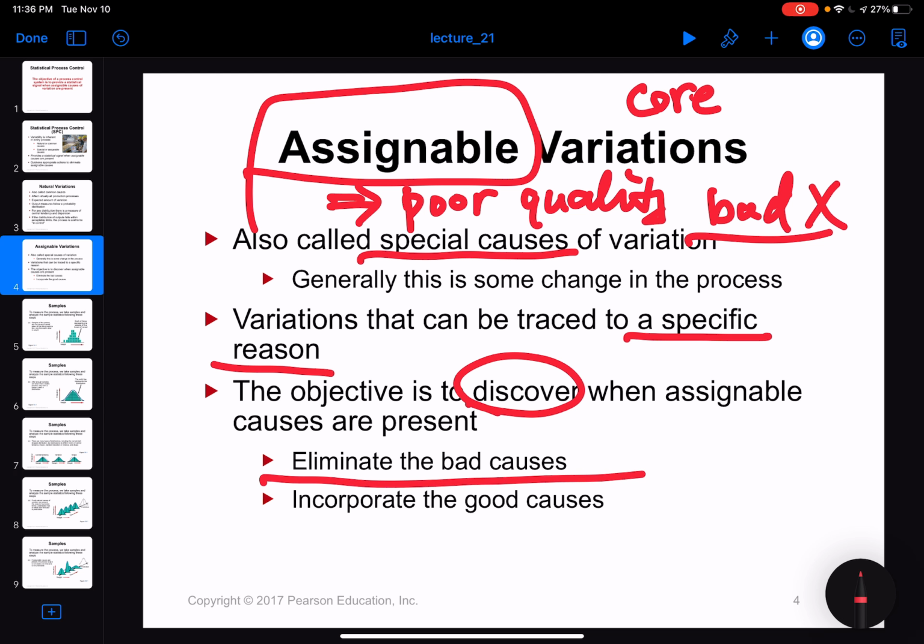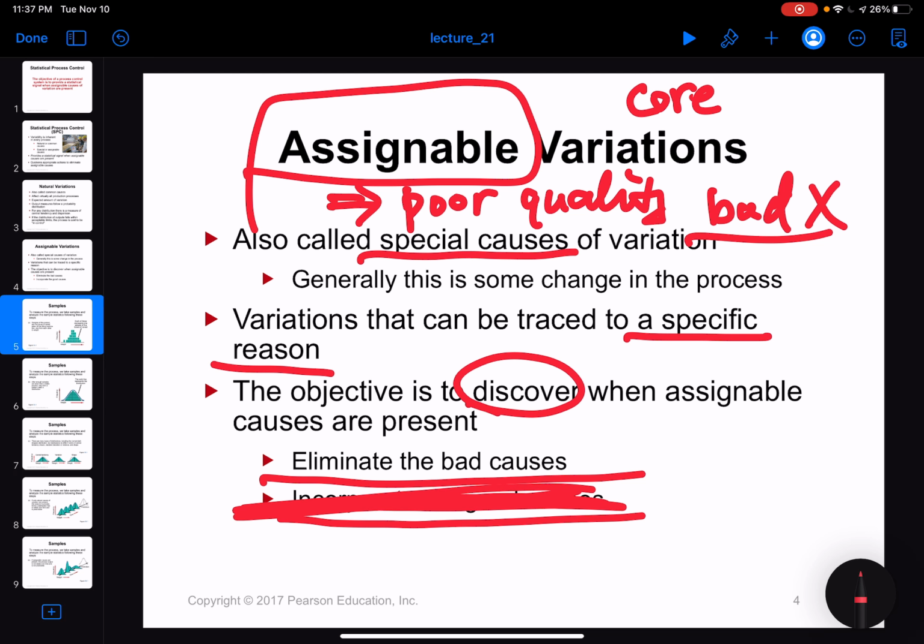There may be some variations we need to incorporate, but I don't want you to focus on that part, because once the process is designed, the assignable variations basically cause lots of trouble, and that's a very bad thing.